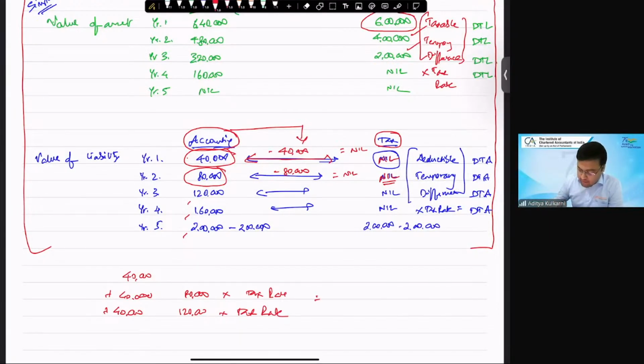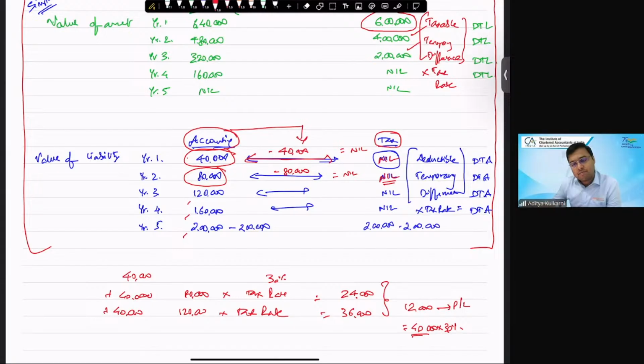Suppose tax rate is 30%, this will be 24,000 and this will be 36,000. So the difference of 12,000 is the entry that will come in the P&L. And this is nothing but 40,000 into 30%, which is what you are telling. Okay. Got it. But I will not take 40,000 directly because then that would amount to the P&L approach.